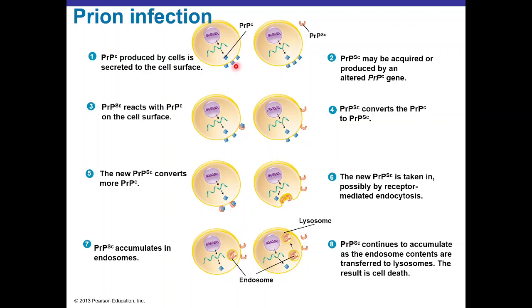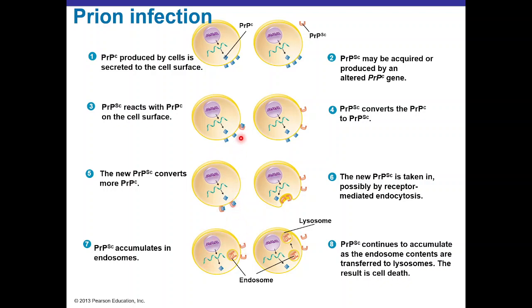So here we have these normal proteins in the brain tissue. So this represents basically a neuron. So we have PrPC, which are the receptors that are going to be bound by these prions. So prions will bind then into these receptors, and they will convert these normal proteins into scrapie.